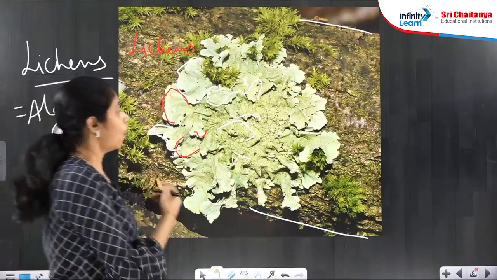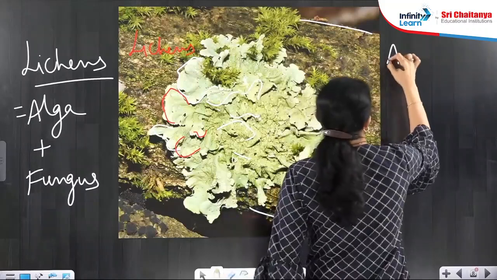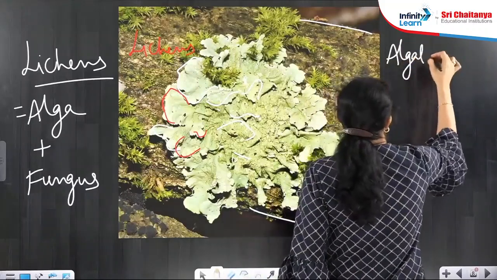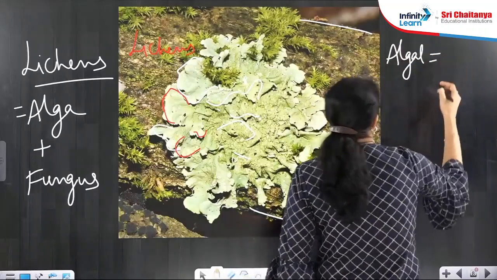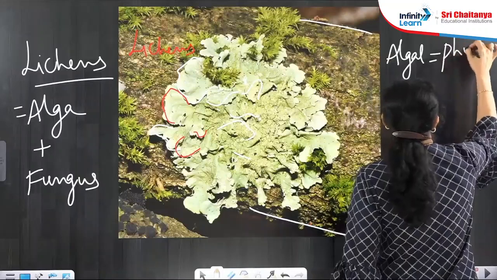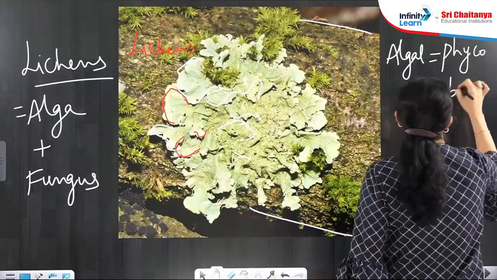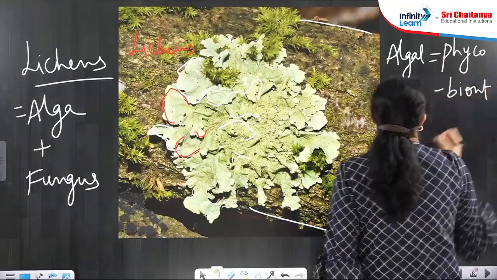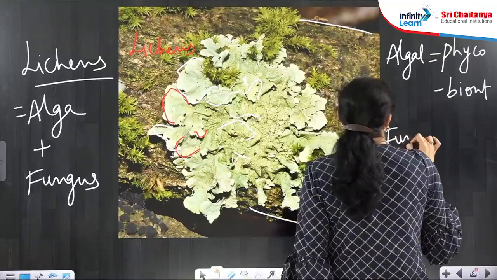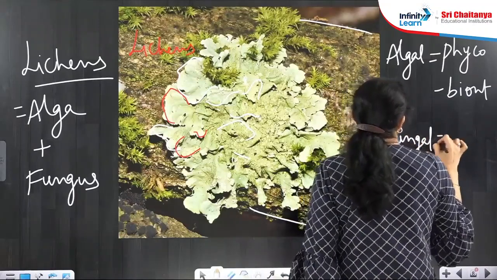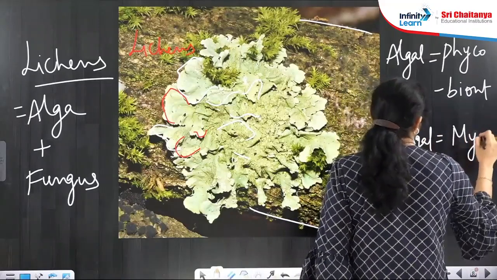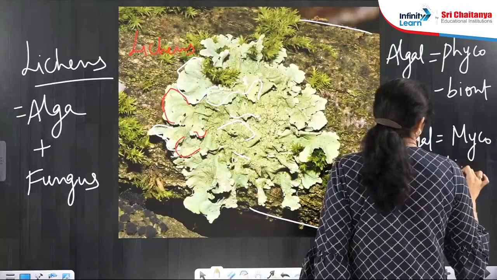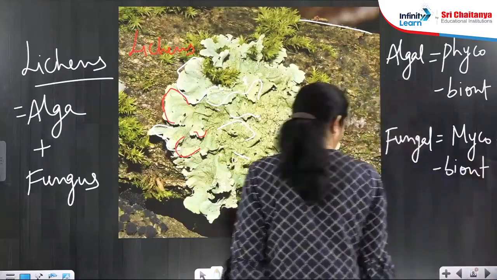That algal component is called phycobiont. The fungal component or partner is called mycobiont.